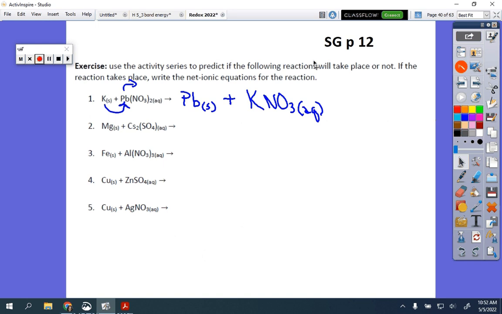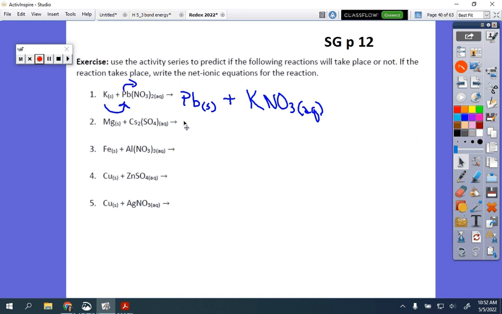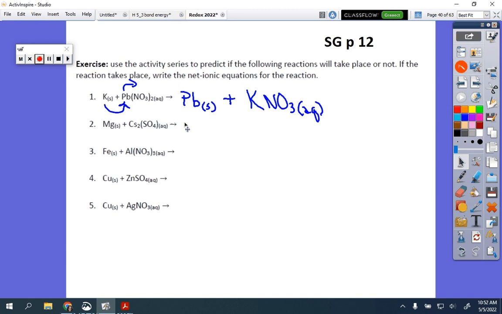So what's your answer going to be for number 2? We just say no reaction, because magnesium is lower than cesium. What about number 3? No reaction.